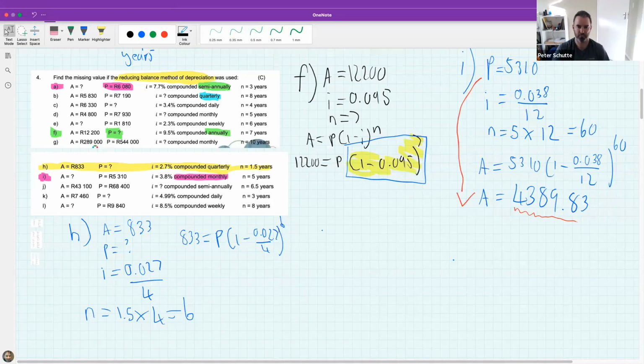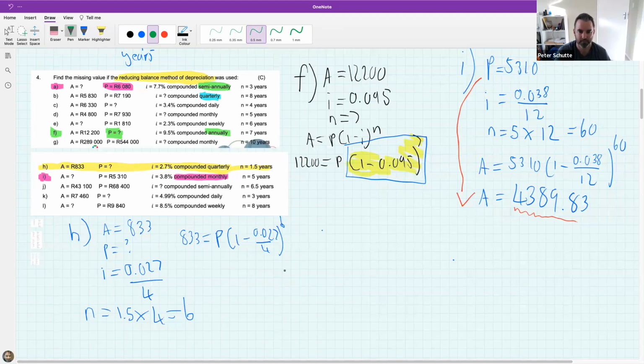Okay, what do we think the answer for P is going to be? So if that's sitting on that side, then this must be 833 over the bracket 7 over 4, and then to the power of 6.